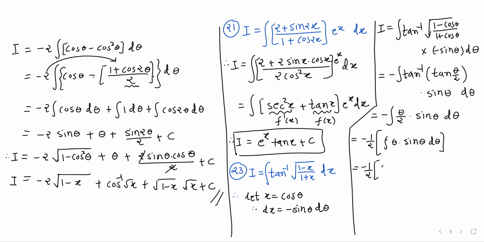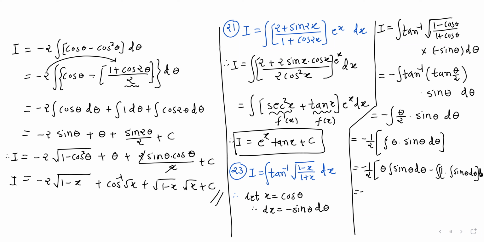So theta into integration of sin theta d theta, minus derivative of theta, which is 1, again integration of sin theta d theta.